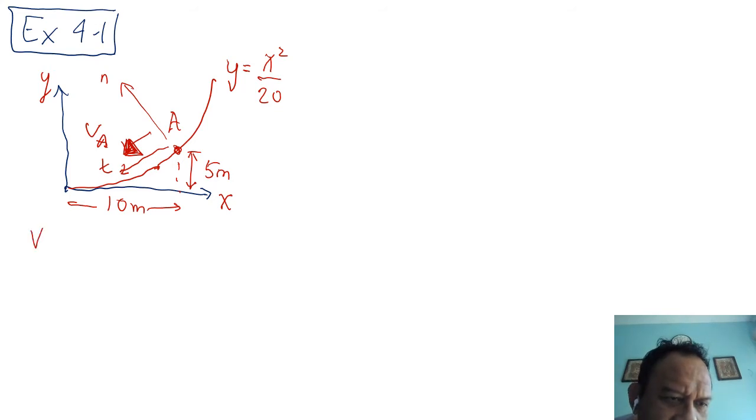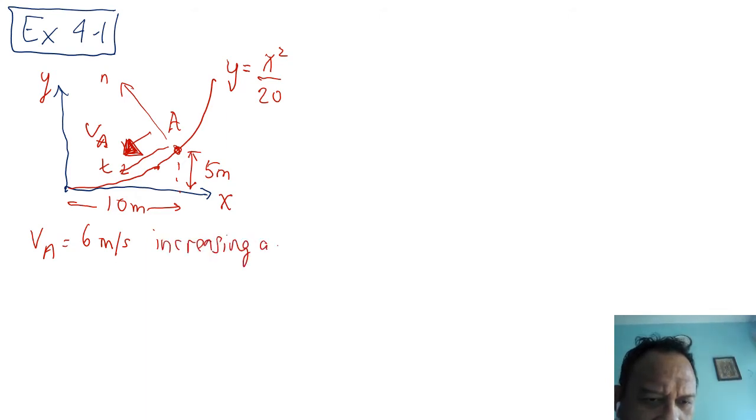So VA is given as 6 meters per second, and it is increasing at 2 meters per second squared.